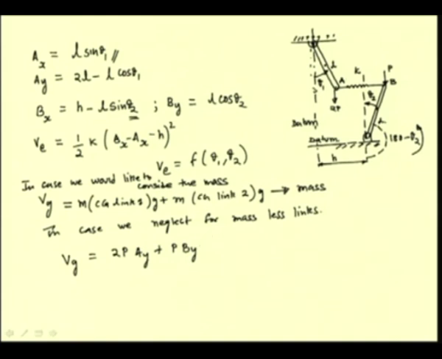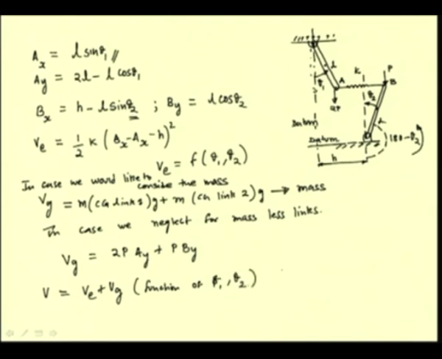The energy associated with these two conservative forces, that is the force 2P at A and P at B. So, the total potential energy V is written as Ve plus Vg, which is a function of theta 1 and theta 2.